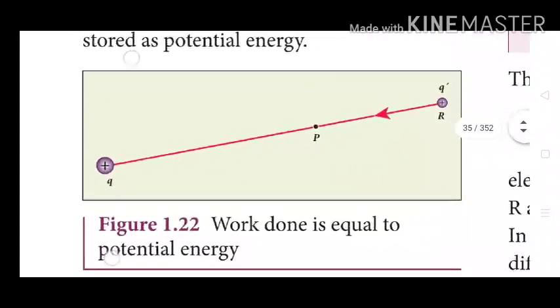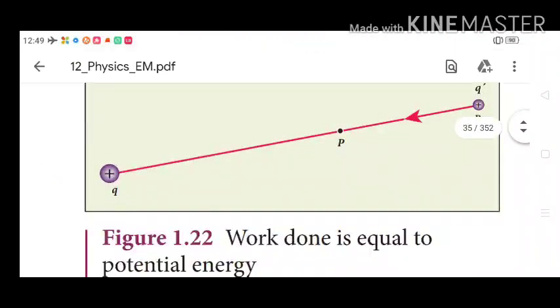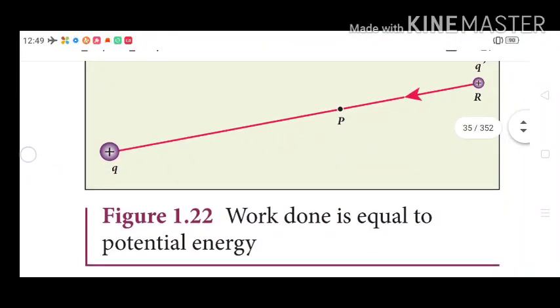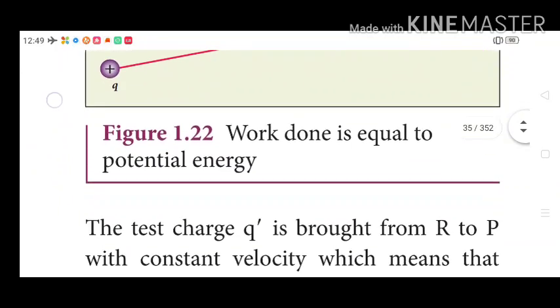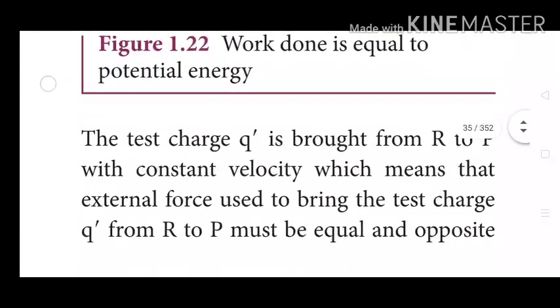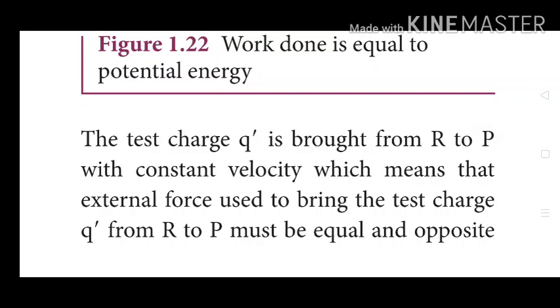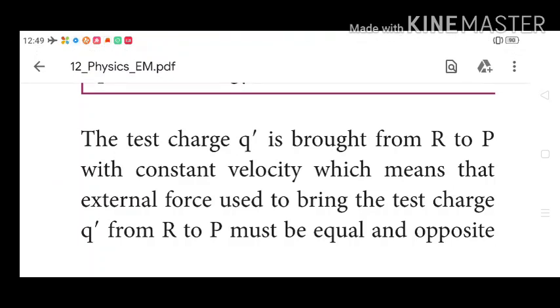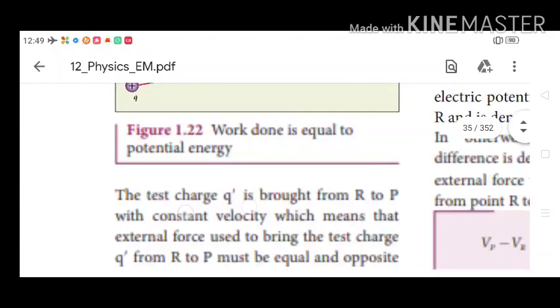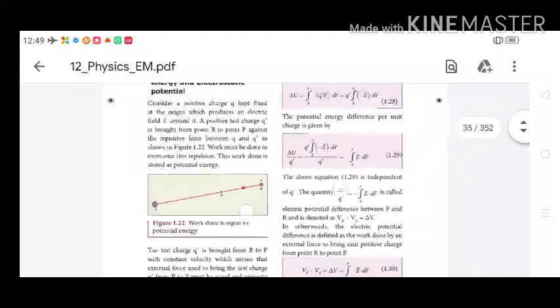Children, look at the diagram and understand the concept. Work done is equal to potential energy. The test charge Q dash is brought from R to P with constant velocity, which means that the external force used to bring the test charge Q dash from R to P must be equal and opposite.